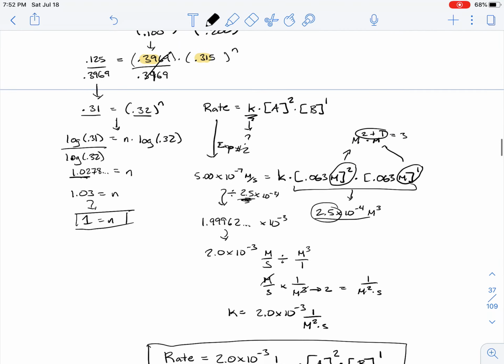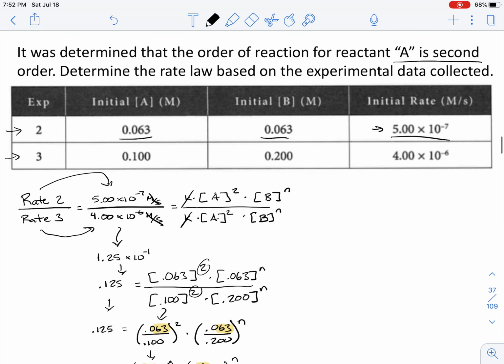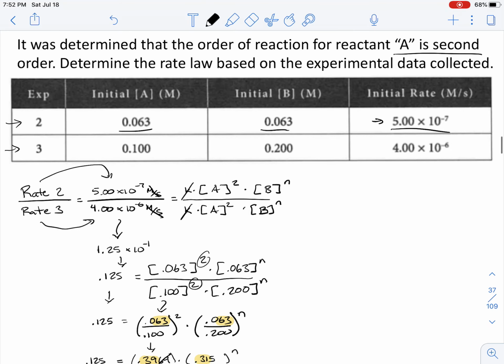Okay. All right, so the main point of this specific exercise is to determine the order of reaction when the initial concentrations for each experiment or trial that's given to you are not the same. In other words, if you take the ratio of experiment 2 and experiment 3, these values will not cancel out.